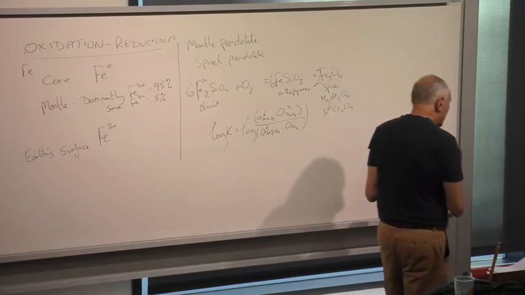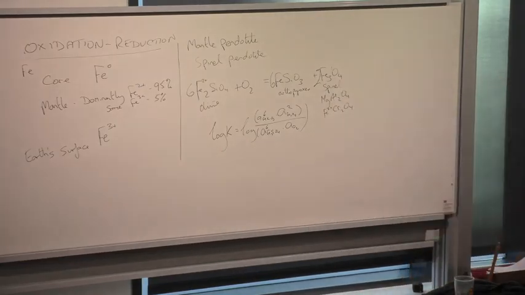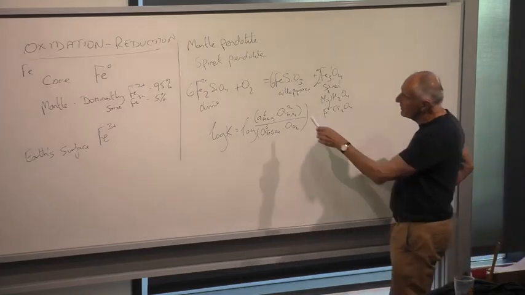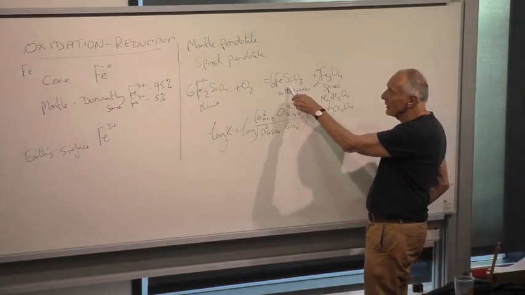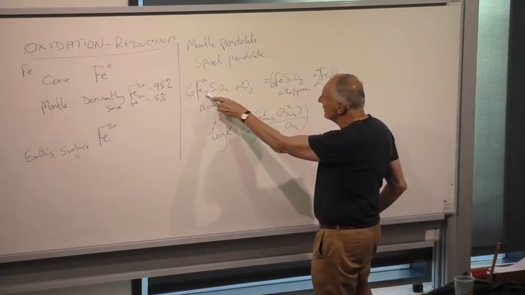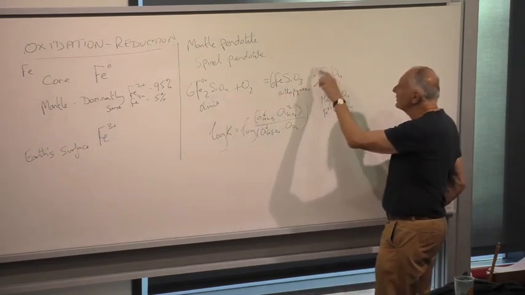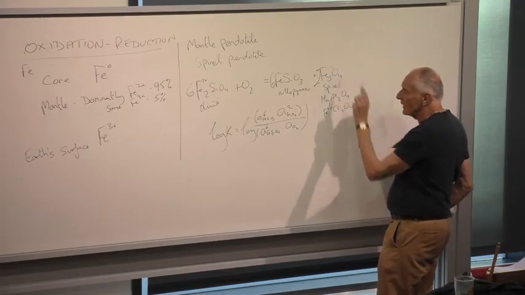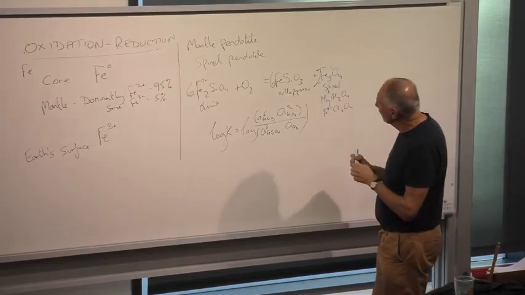So we can go to our mantle rocks and measure the compositions of the orthopyroxene, which is about 10% of this component. The olivine also has about 10% of that component, and the spinel, and determine how much of this ferric component.